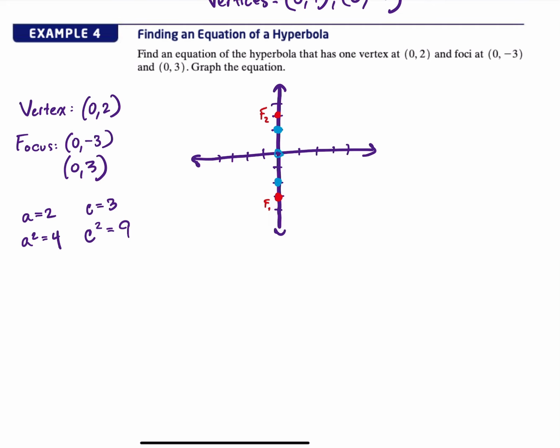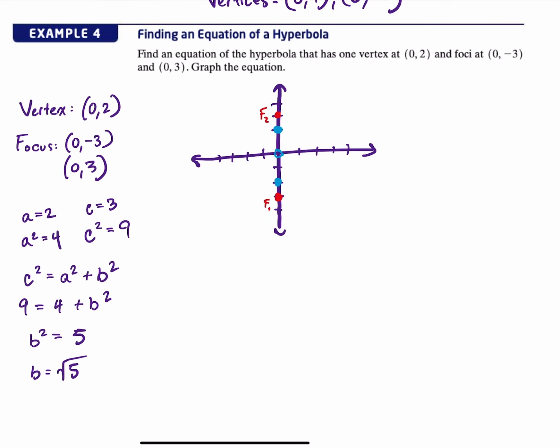So let's use this to find our B value, because we're saying C squared equals A squared plus B squared. So 9 should equal 4 plus B squared. So B squared will equal 5. That means B will be the square root of 5. So that's again a little bit more than 2.